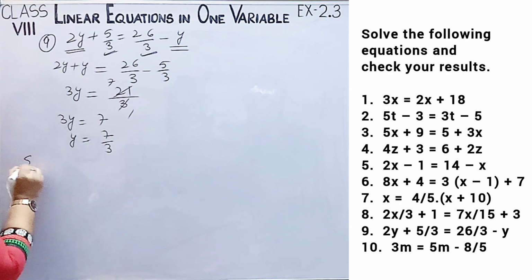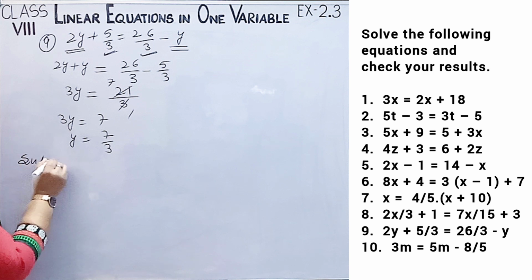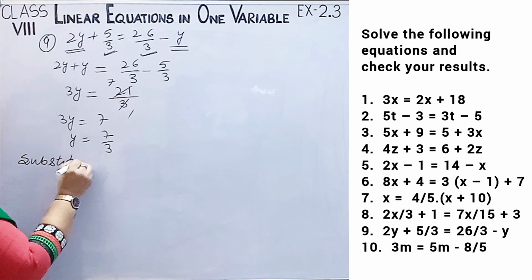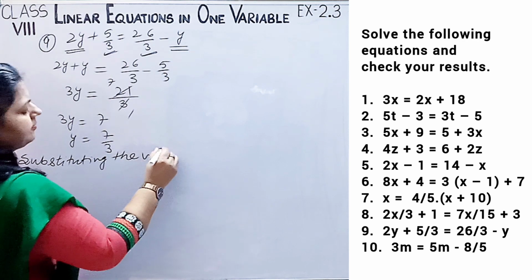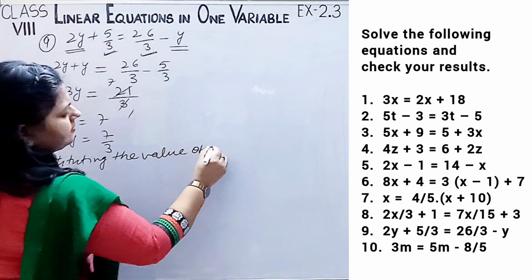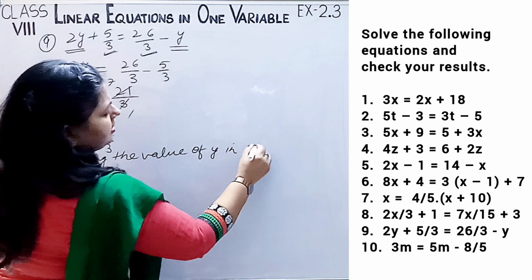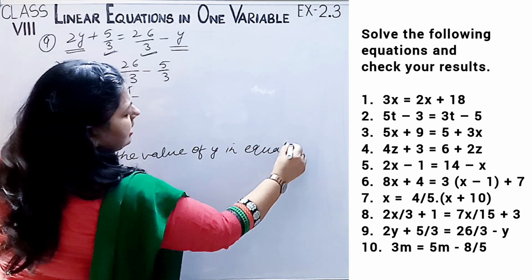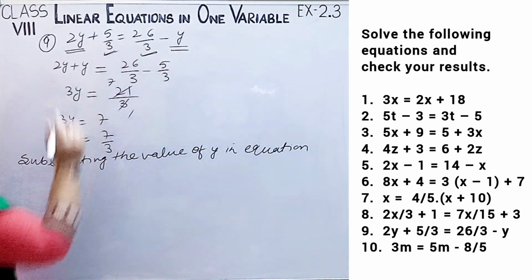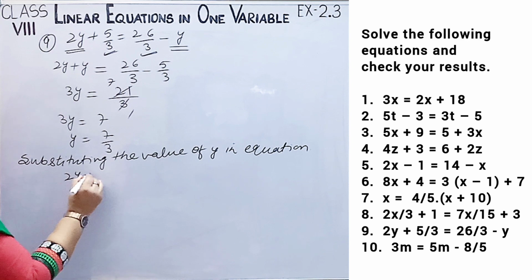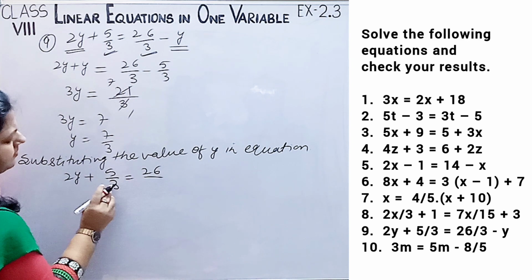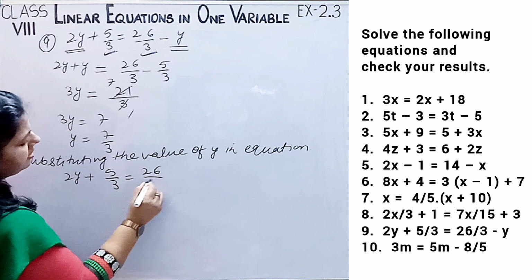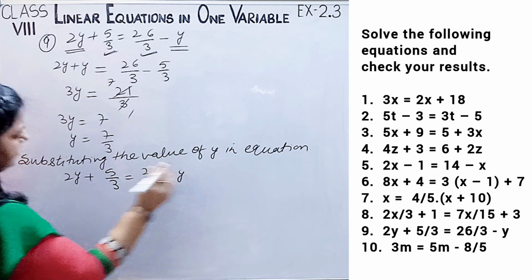Now the checking part. Substituting the value of y in the equation. Our equation is 2y plus 5 upon 3 equal to 26 upon 3 minus y.